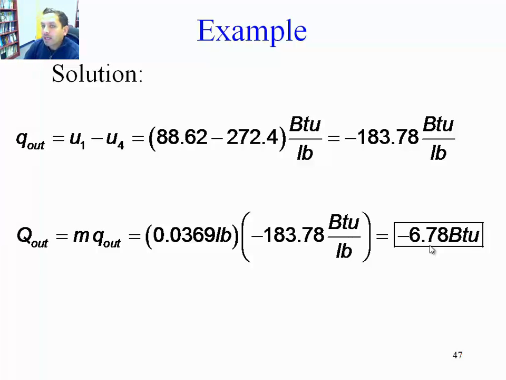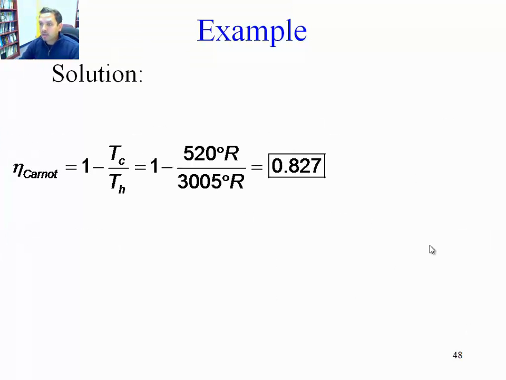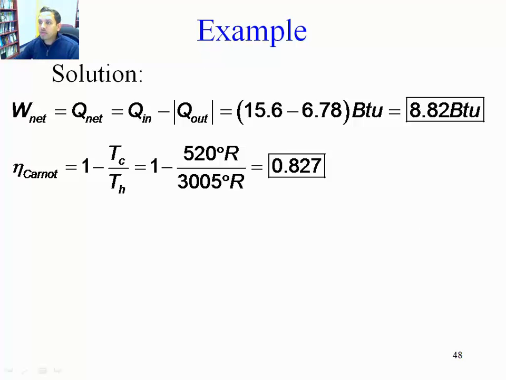And finally, we can calculate the net work. We can calculate the net work by adding all the works in the process. The positive work is from 2 to 3 and from 3 to 4. The negative work from 1 to 2. Or, because this is a cycle, we can calculate the net work as equal to the net Q. Okay?